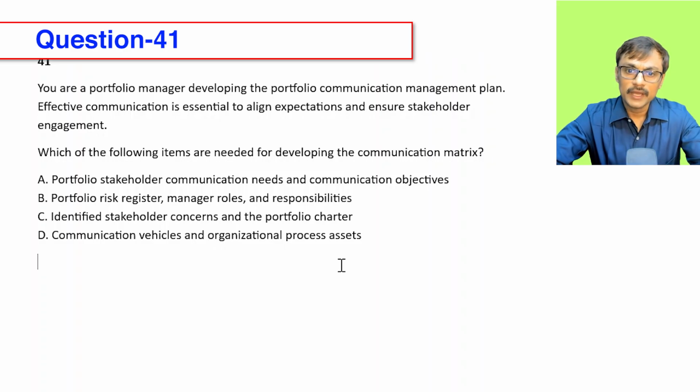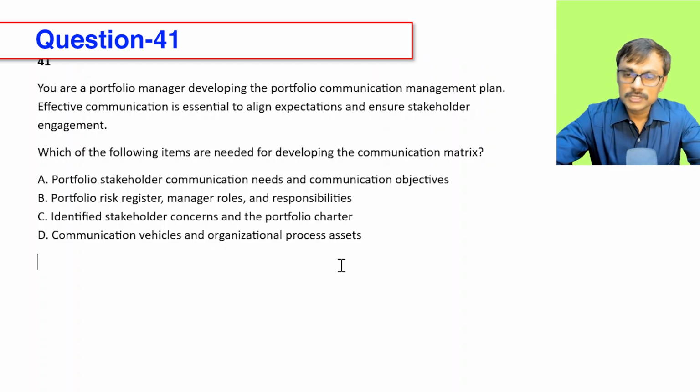So that looks good. And the portfolio charter is not looking relevant in option C because the portfolio charter is an authorization artifact. It may get revisited when we are doing drastic strategic change, but not about communication planning. Communication vehicle and organization process assets. You definitely use communication vehicles, and you also take a reference of organization process assets. So I think we need to compare between A and D. Now both look like candidate options.